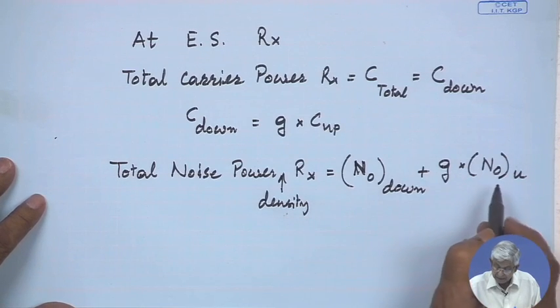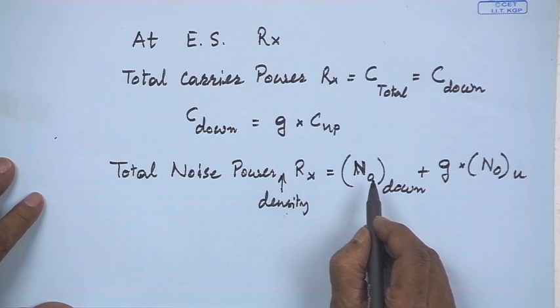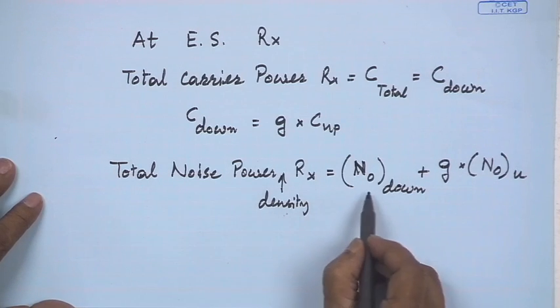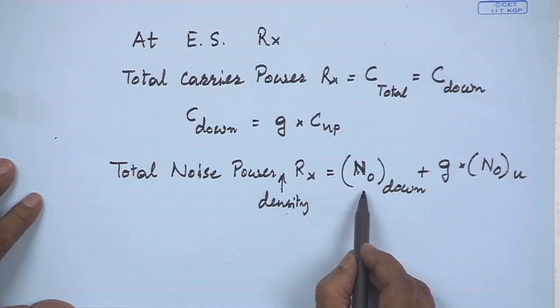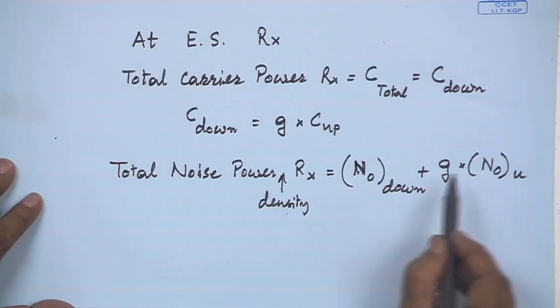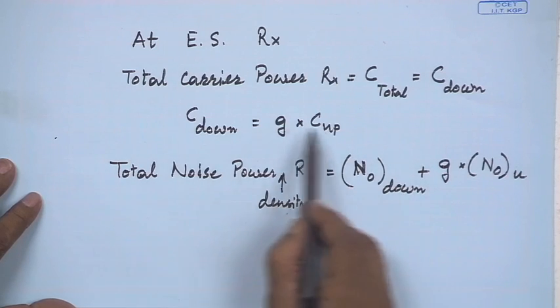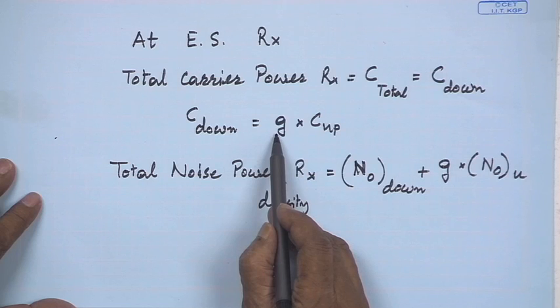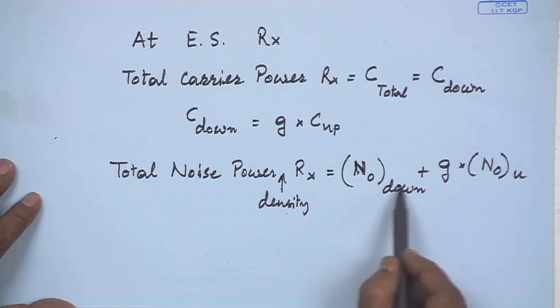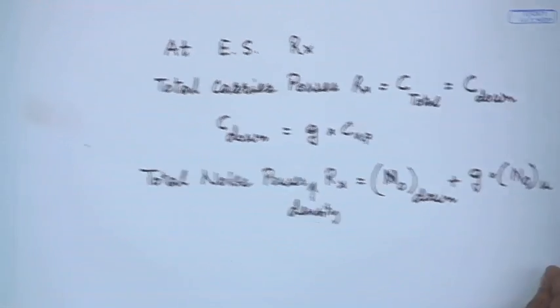That means the uplink noise is amplified and coming down. The received noise is not only the downlink noise; the noise from the uplink is getting amplified and coming down. Though we are getting the advantage of the carrier power being multiplied by the gain, the downlink noise power plus the uplink noise power multiplied by the gain is coming down.